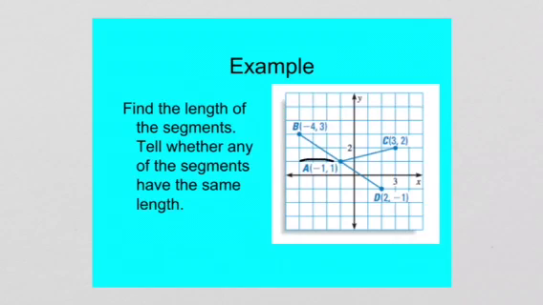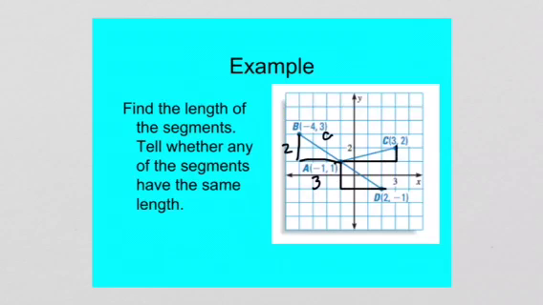Again, it's all about making that right triangle, looking at distances. And on a coordinate plane, you can count that. So I know this is a vertical change of 2 and a horizontal change of 3. And then I would just do a squared plus b squared equals c squared and solve for that missing value. Over here, I would make a right triangle that looks like this. And from the center point A to D, I would make one like this.